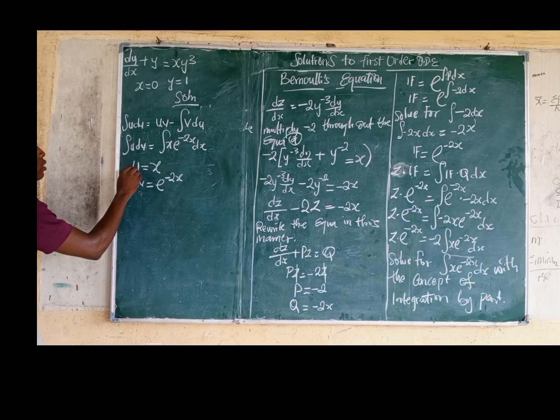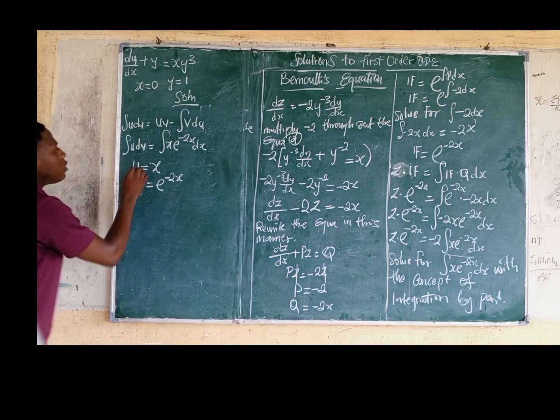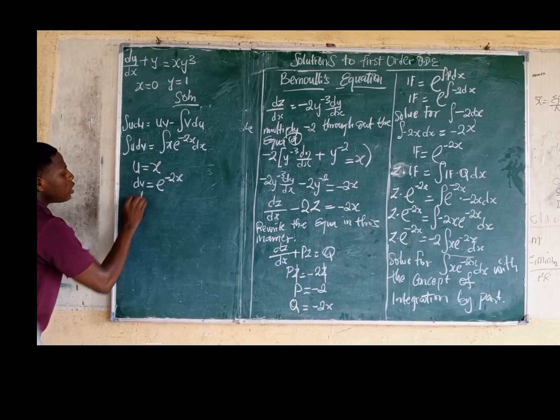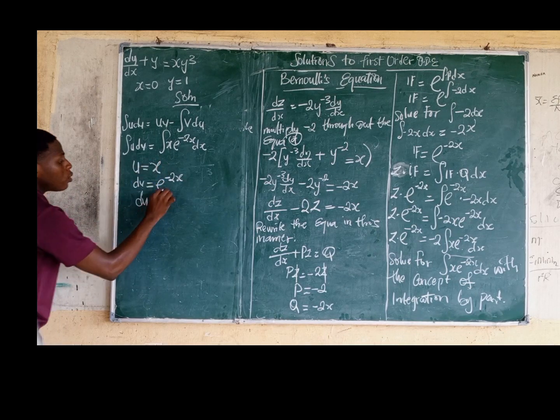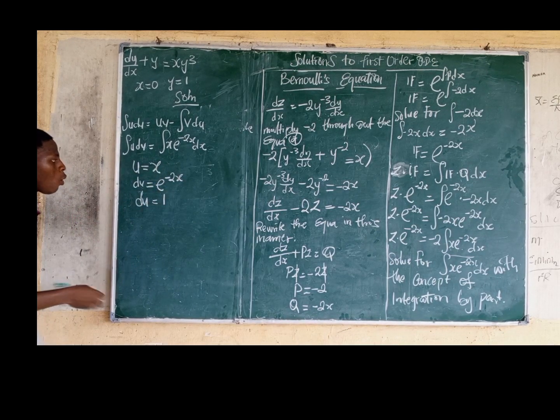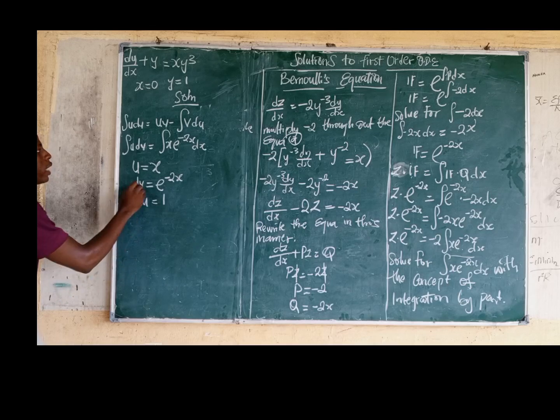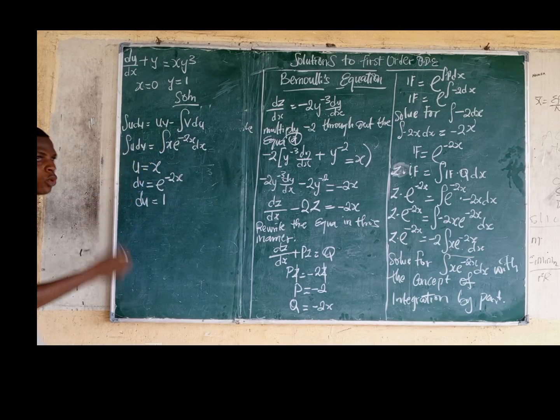Now, to find du, what do we do to this equation? We differentiate. Differentiating, du is equal to, if we differentiate x, we have 1. To get v, we integrate this equation.